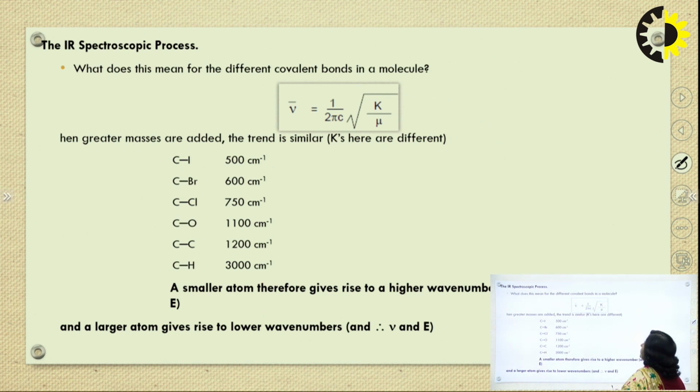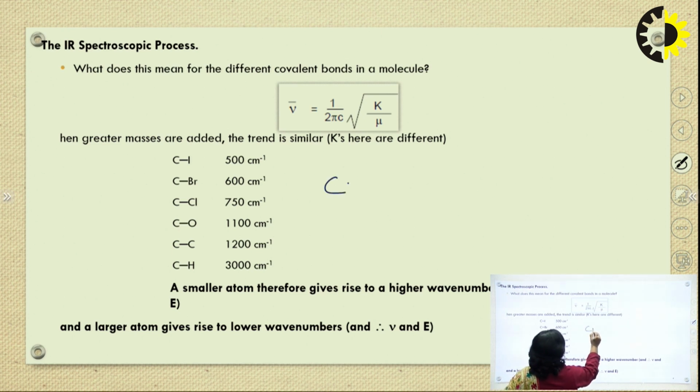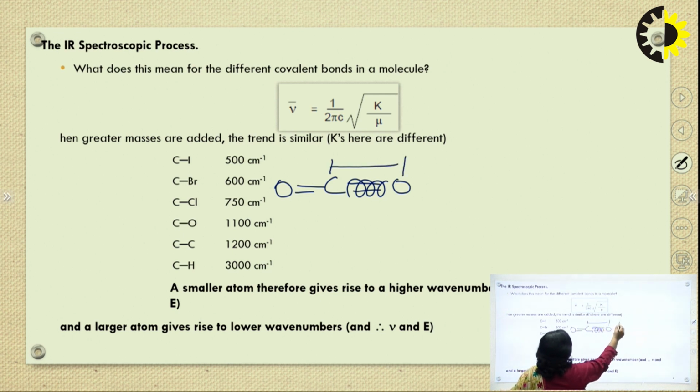Then there is a formula. IR spectroscopy is simple vibrational spectroscopy. What does vibrational spectroscopy mean? Vibration takes place between two bonded atoms. The bond is like a spring, and when this spring vibrates it shows simple harmonic motion.